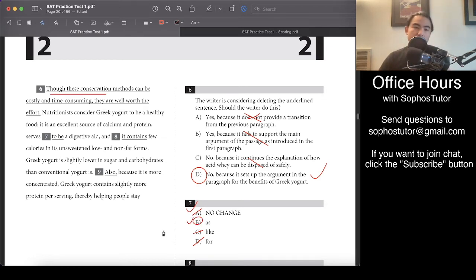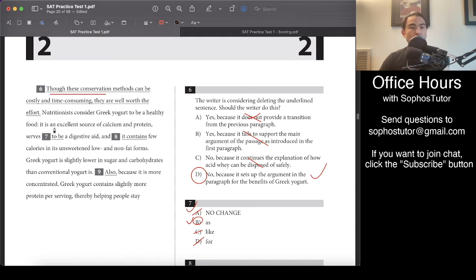All right, 8. "And it contains." Okay, I see that we have an underline here, and it's following the word "and." Immediately, I think that this needs to be part of a list. So I want to look back at the sentence and see what the other parts of the list are. We're listing how Greek yogurt is a healthy food and the different considerations that make it a healthy food.